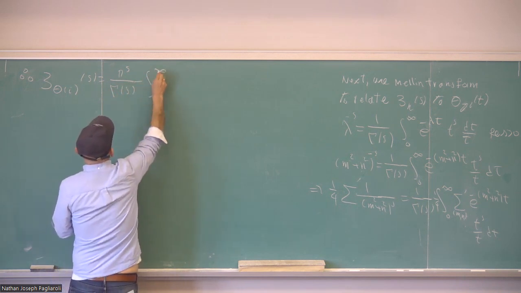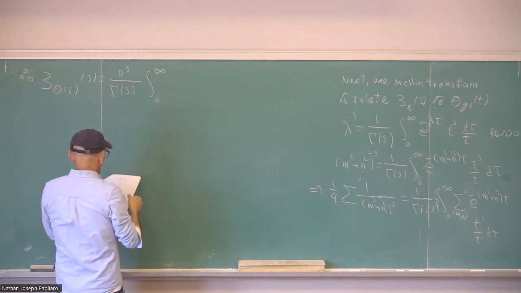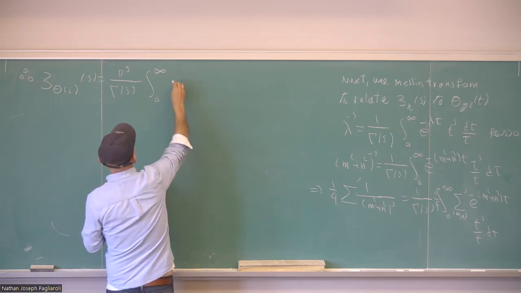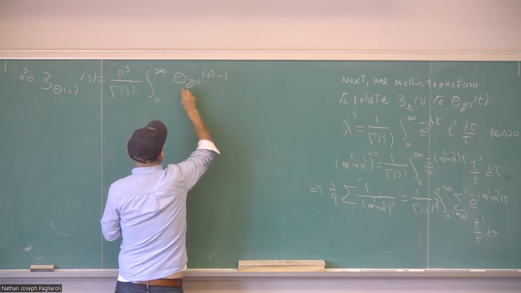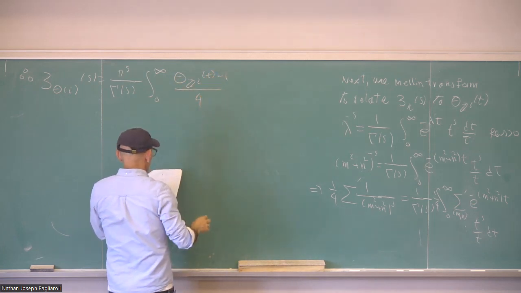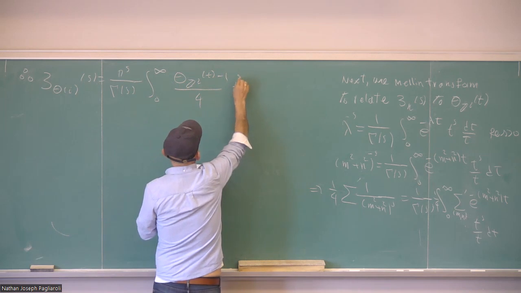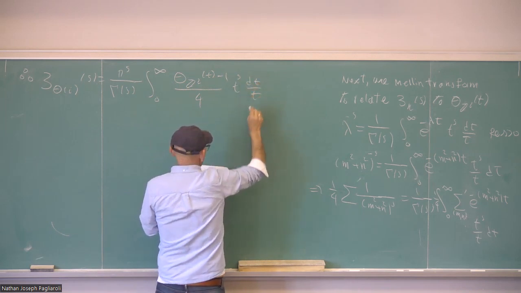Integral from 0 to infinity of (1/4)(theta z2 of t minus 1), t to the s, dt over t, right?